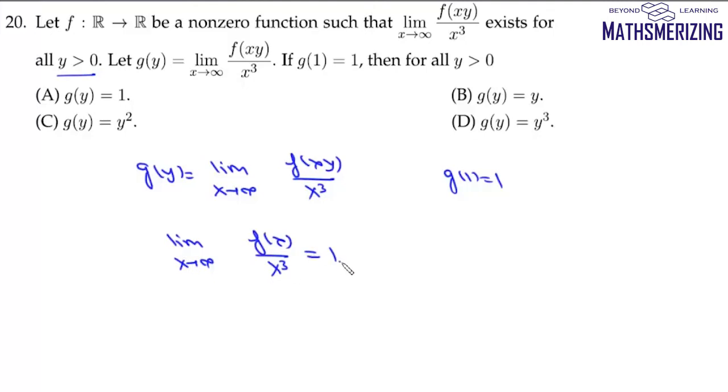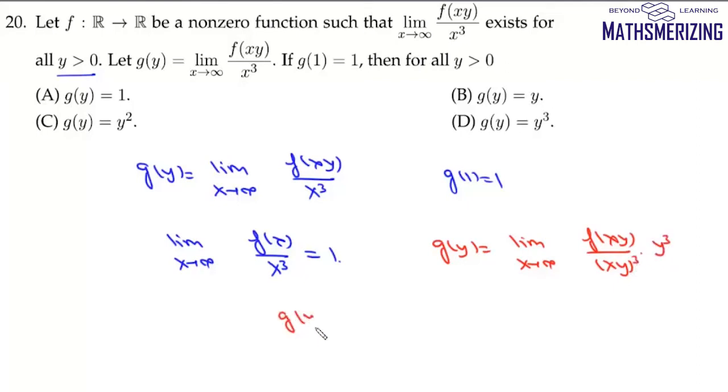Now we'll need to find g(y). What we'll do is, we'll write this g(y) as this limit, x tends to infinity, f(xy), and here we'll write this as (xy) cube into 1 upon y cube.